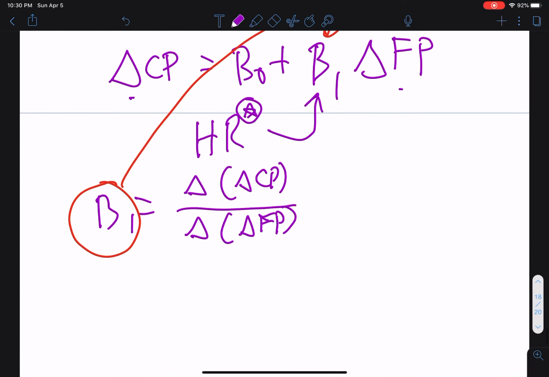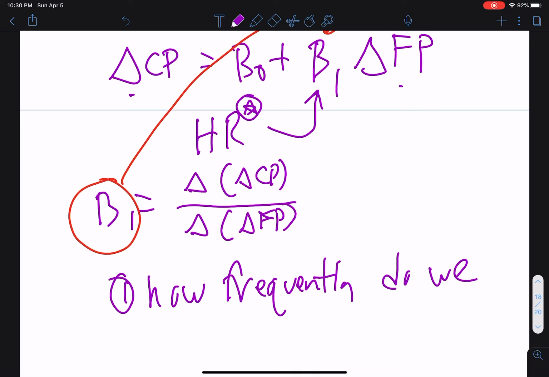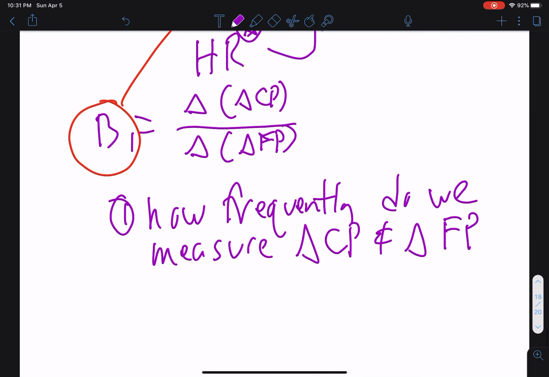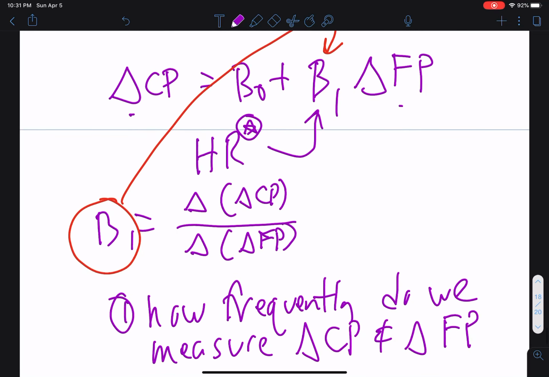But we have to wonder how frequently do we measure change in cash price and change in futures price? Do we measure them every minute or every hour or once a day, once a week, once a month? What's the frequency? The answer to that is going to affect our beta output.